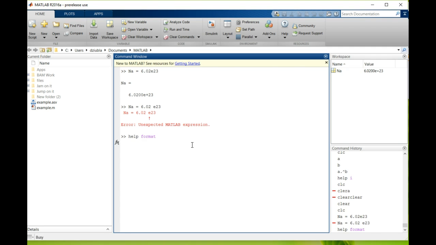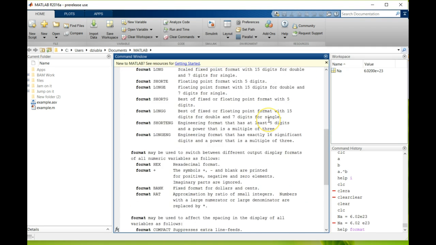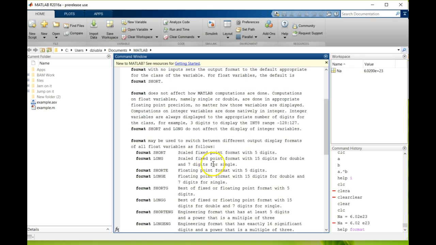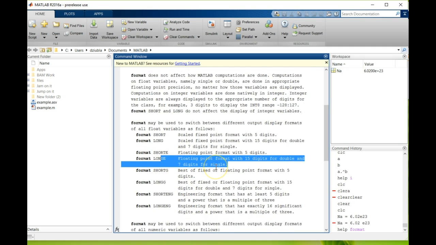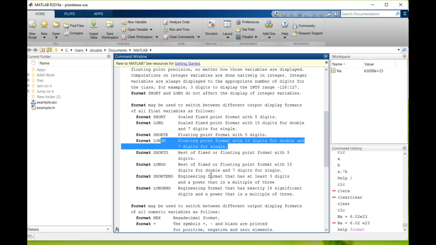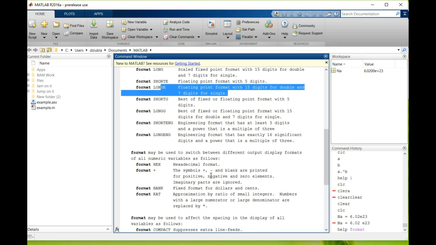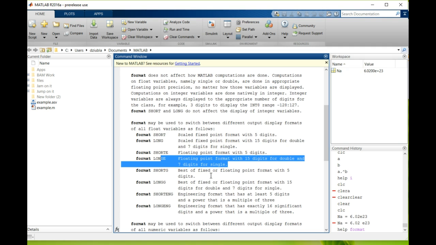So if I said help format, this gives you an idea of the kind of number of formats that can be outputted. Here you'll get a sense of short, long, short E with floating point precision, long E. These just give you a sense of the different kinds of format that MATLAB can put out. Normally the short is the format that you normally see, which is scaled fixed point with 5 digits.